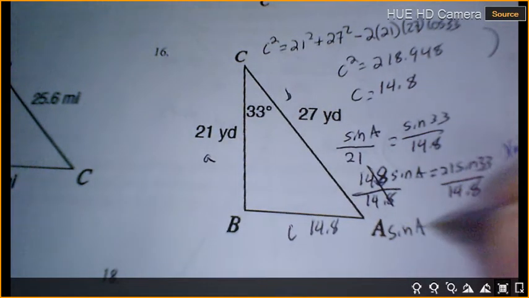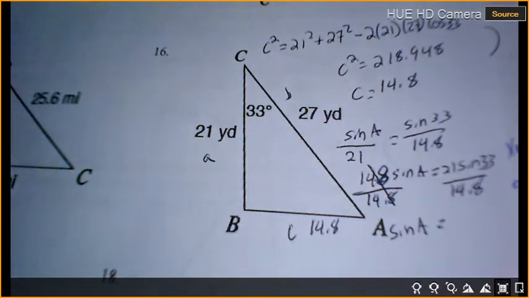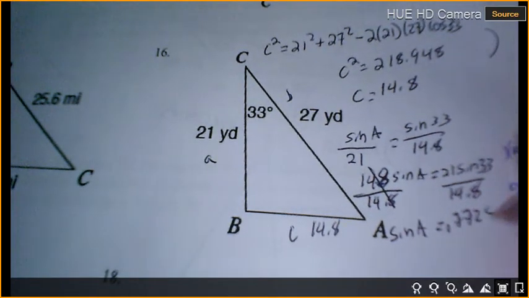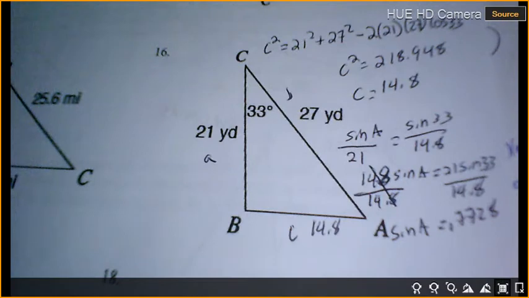So I have sine a equals, and I'm going to put that in my calculator. 21 sine 33 divided by 14.8, which gives me 0.7728. And then I'm going to take the inverse sine of that answer, and I'm going to get 51.